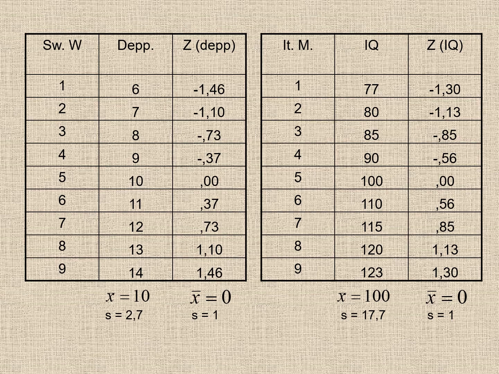So all of those women with the observed depression below the mean of 10 get a negative zeta score, and those with the observed value above 10 get a positive zeta score. And person number 5 here with the observed value 10, that is exactly the same as the sample mean, receives a zeta score of 0.